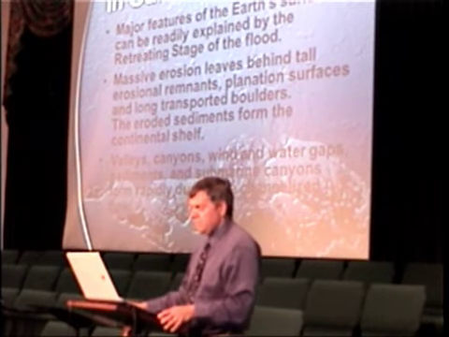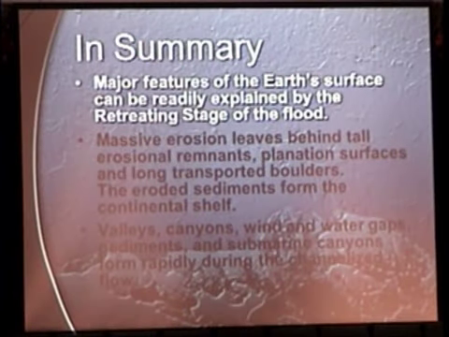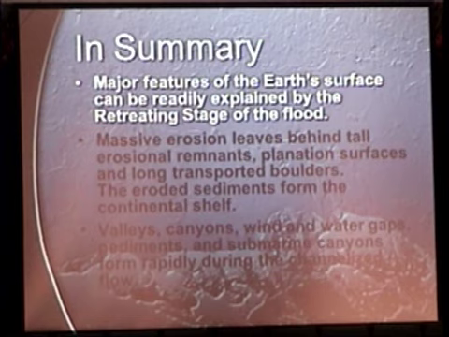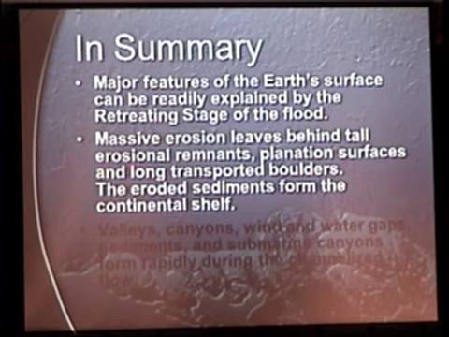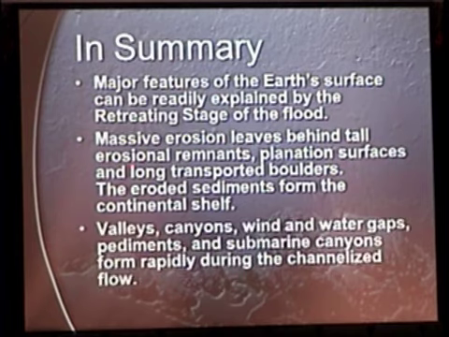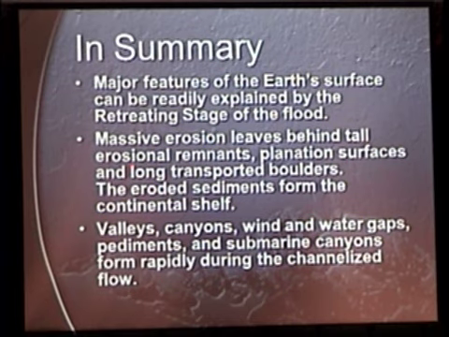In summary of this, major features of the Earth's surface can be readily explained by the retreating stage of the flood. Massive erosion leaves behind tall erosional remnants, planation surfaces, and long transported boulders. The eroded sediments form the continental shelf. Valleys, canyons, wind and water gaps, pediments, and submarine canyons form rapidly during the channelized flow.